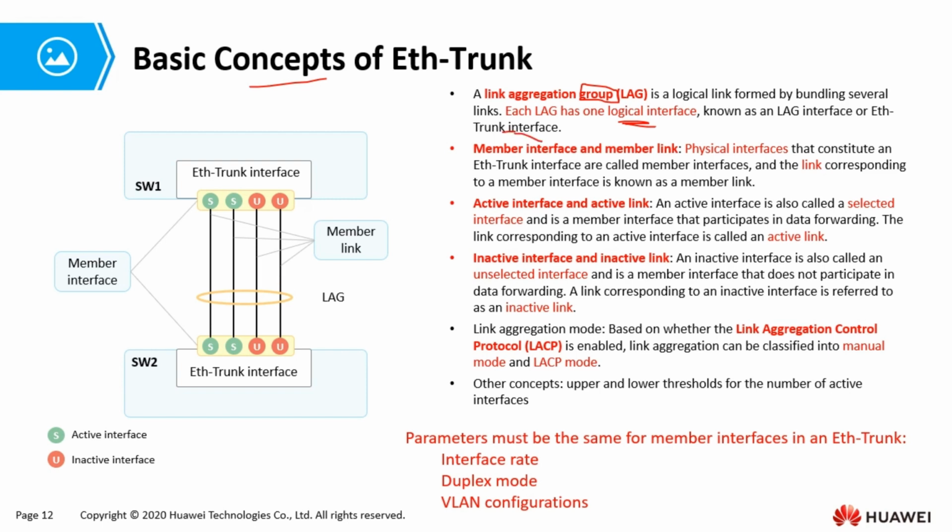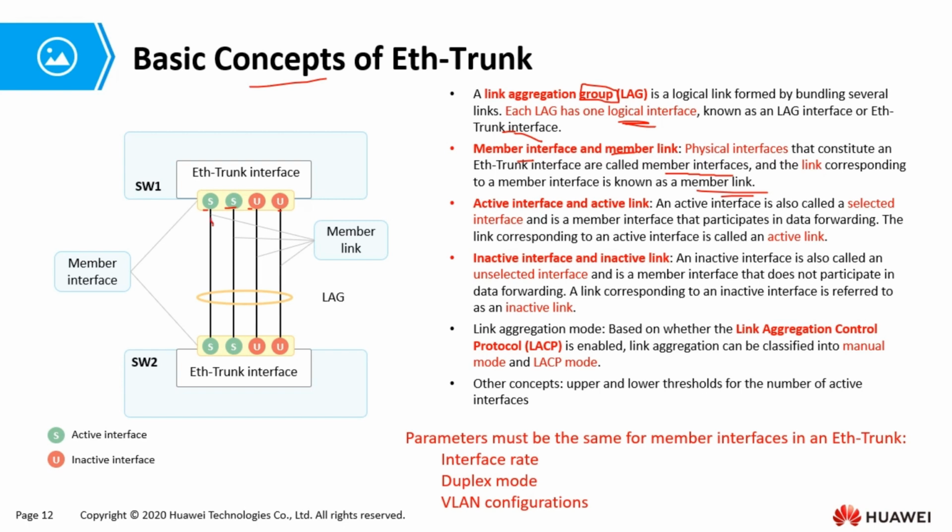Under a link aggregation group, you have member interfaces. The physical interfaces that constitute an Eth Trunk link are called member interfaces, and the link corresponding to a member interface is called a member link. For example, here we call this a member interface, and this one a member link.